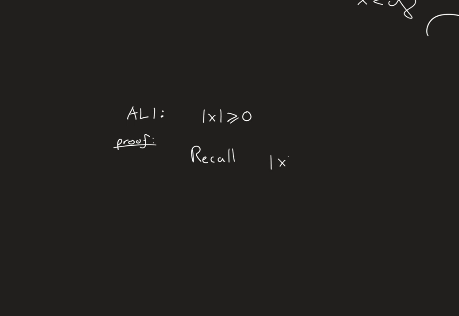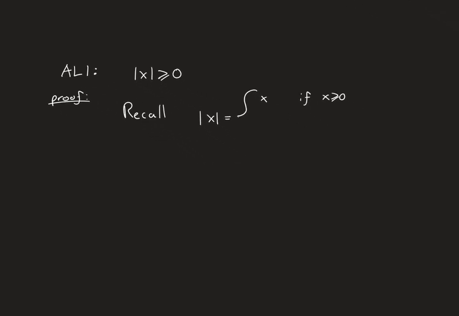The absolute value of x is equal to x if x is bigger than or equal to 0, or negative x if x is less than 0. Okay, so we want to prove that in either case, the absolute value is going to be positive.